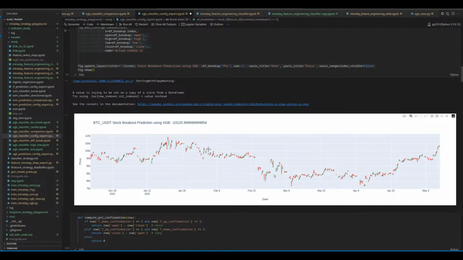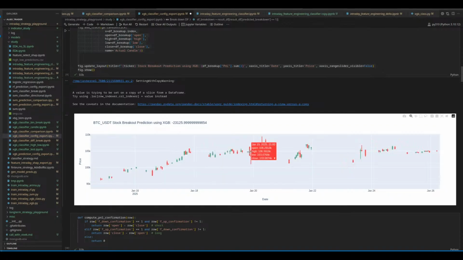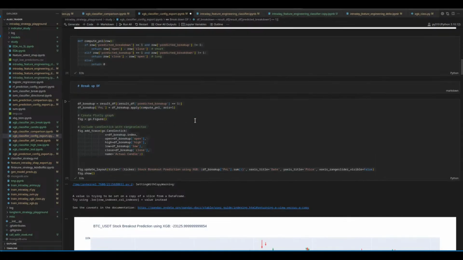Let's suppose RSI. We can identify the overbought and oversold zones using the RSI, and maybe use them to only catch these kind of candles, right? So that is one way to do it. This is what I had added in the final confirmation one, but after I trained the model once again, it does not seem to work.